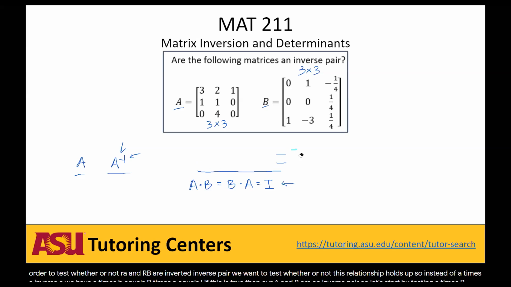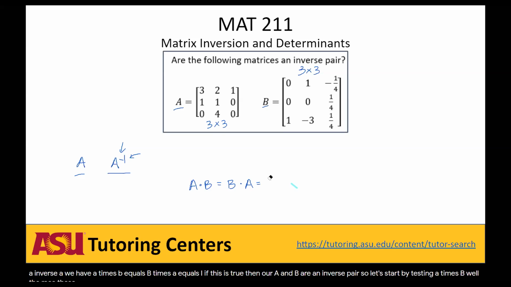We'll erase these. Make some space. There we go. So our A is 3, 1, 0, 2, 1, 4, and 1, 0, 0.